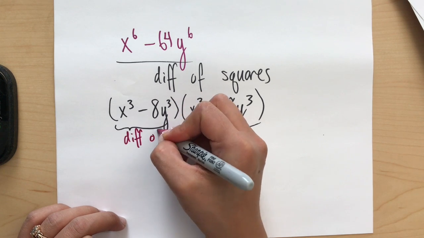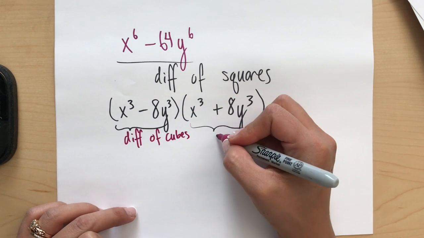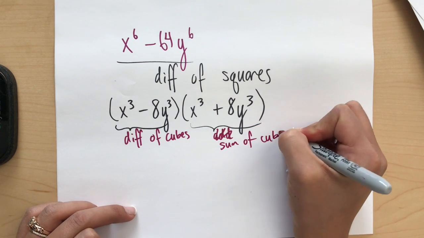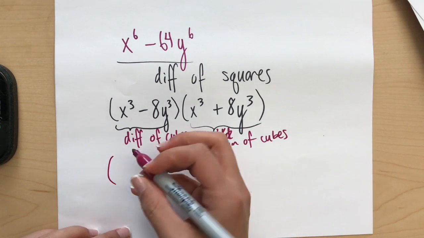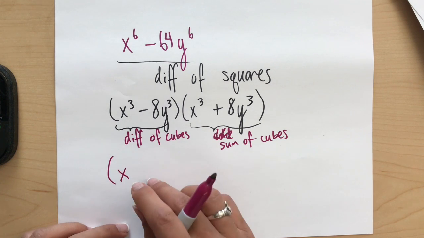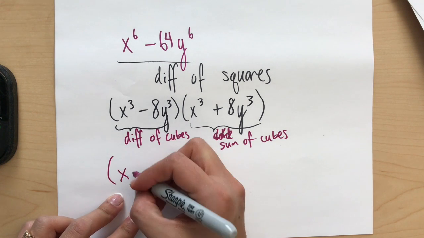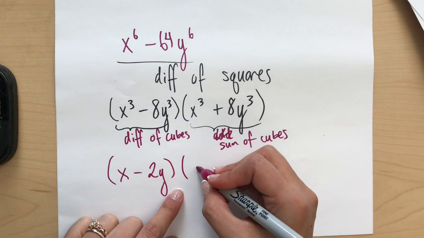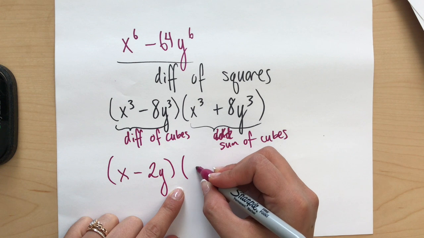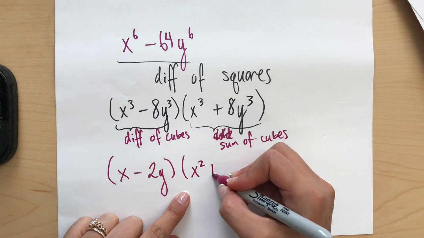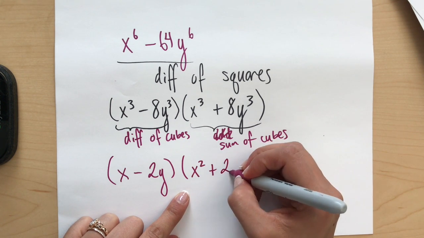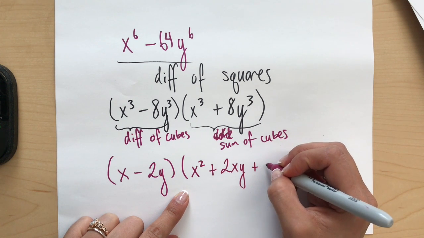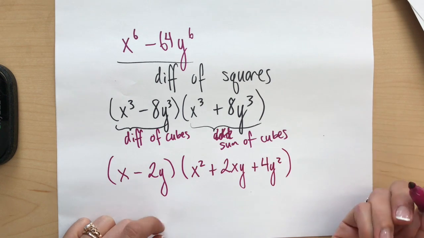You can go back to 4-5 and look up those formulas for difference of cubes and sum of cubes. They're there very clearly so that you can follow that. So the first one is going to factor into x minus 2y, and it's going to multiply by x squared plus 2xy, and then plus 4y squared.